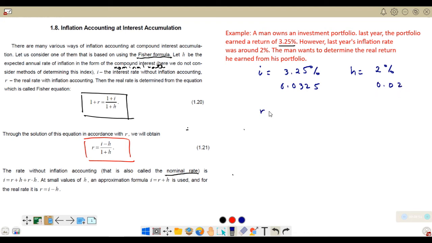So, to compute the real interest rate, dahil nga nagtaasan yung presyo, approximately by 2% inflation rate, then you will have 0.0325 minus 0.02 from this formula over 1 plus 0.02. So, let's get a calculator and compute for this value. Just wait a moment.